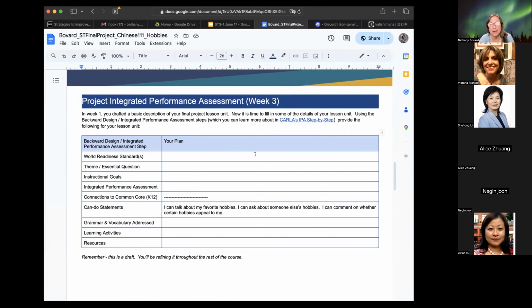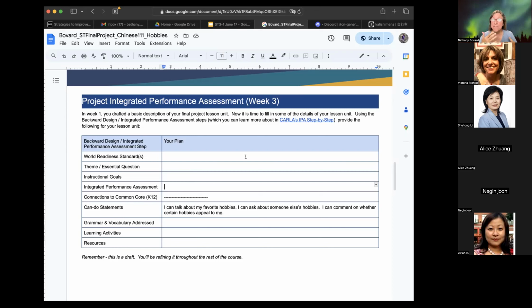Starting tomorrow we're going to delve more into that: which world readiness standards you will address in your lesson unit, your theme or essential question, your instructional goals, and then we'll break it down further into performance assessment and so on.